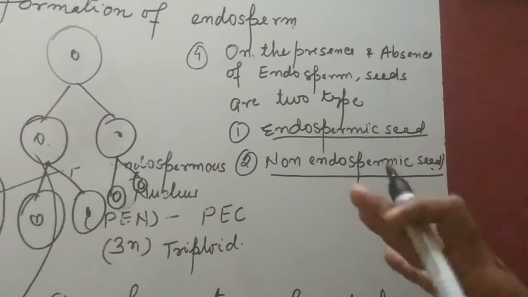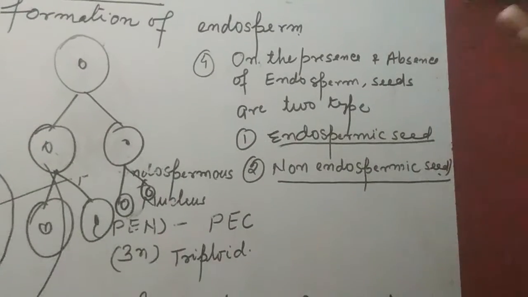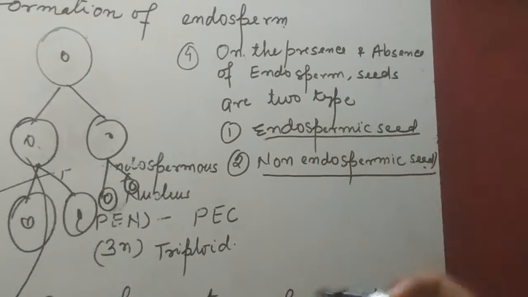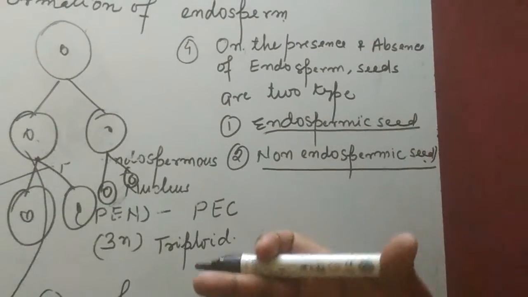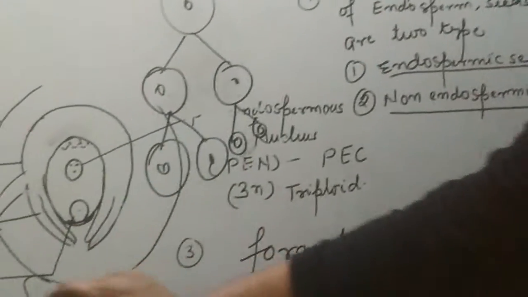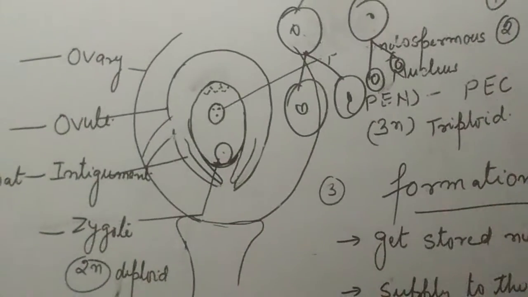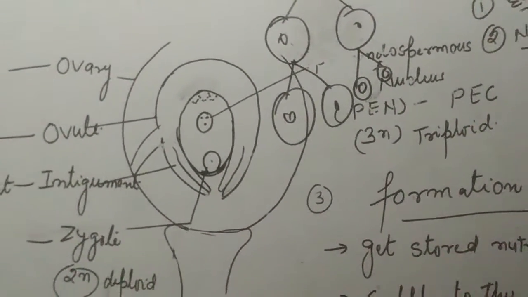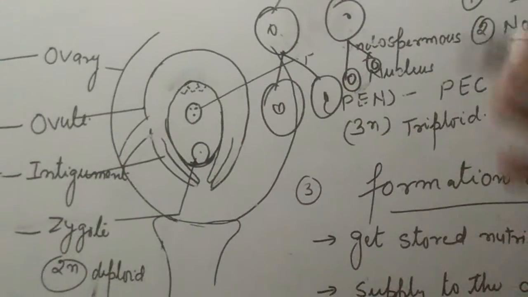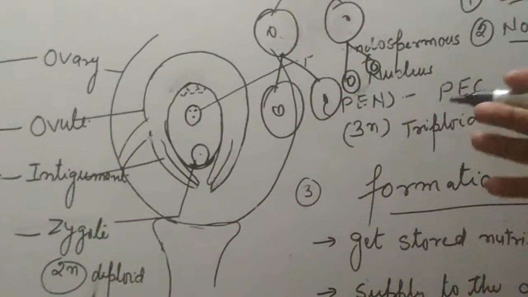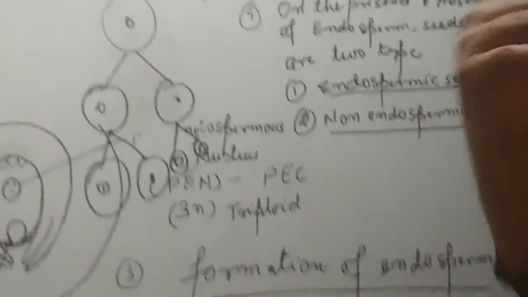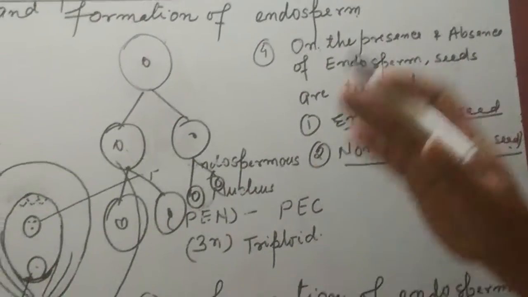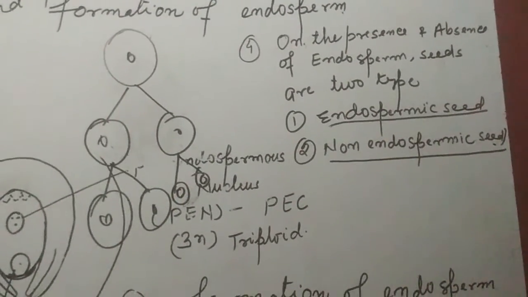Endosperm is the tissue which helps provide nutrition to the developing embryo, and the zygote is converted to embryo. The embryo further divides to form the new plant in monocots and dicots. In the next lecture I will discuss the development of the monocot and the development of the dicot.